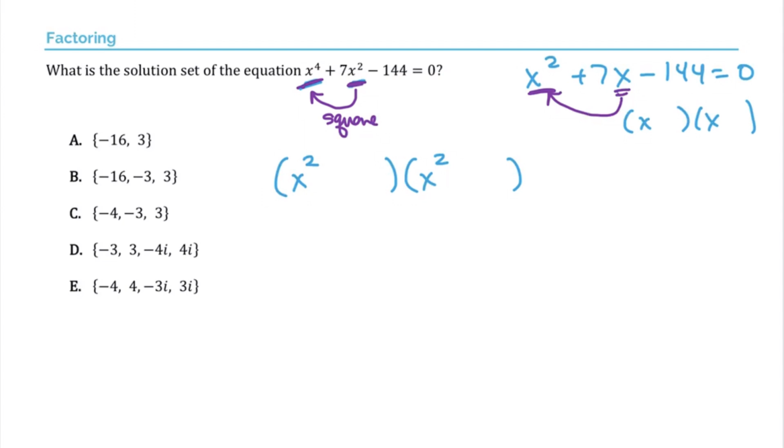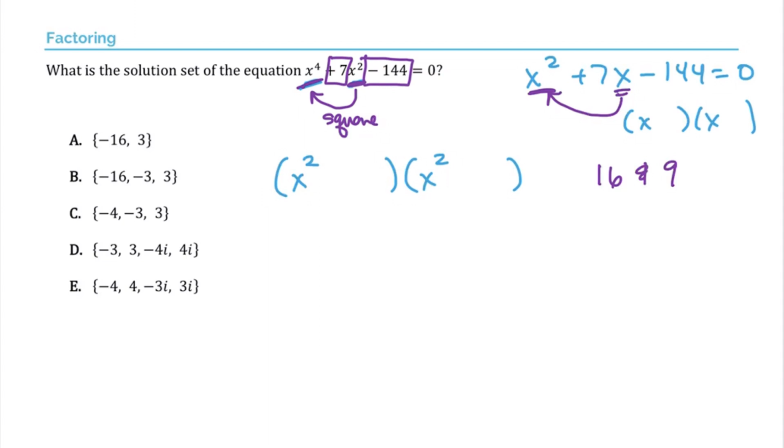Which is thinking to ourselves, okay, what multiplies to negative 144 and adds together to positive 7? Now, I know that 16 and 9 will multiply to be 144, and they also have a difference of 7. So I'm going to use 16 and 9 for my answers, but again, I have to figure out which one's positive and which one's negative, because when they multiply, it's a negative number, but when we add them together, it's a positive number.